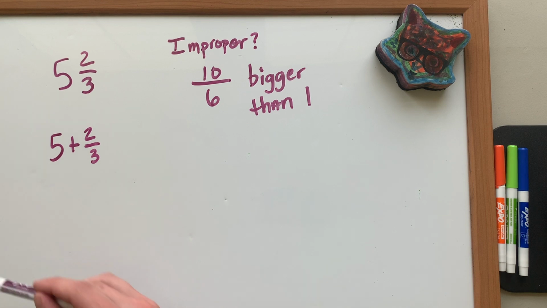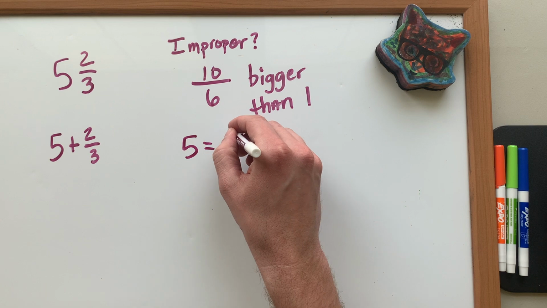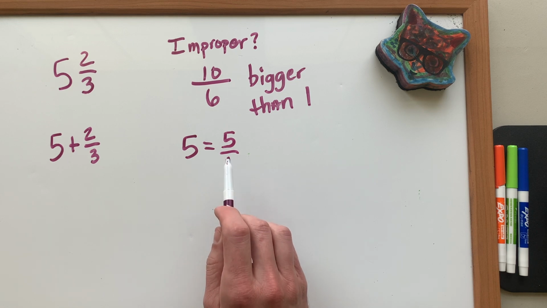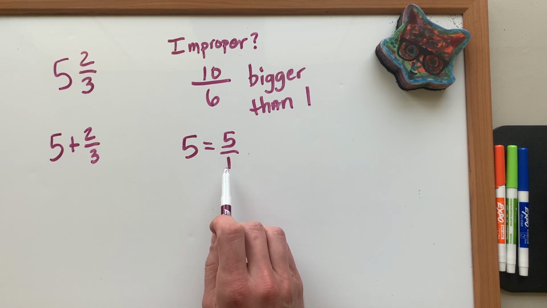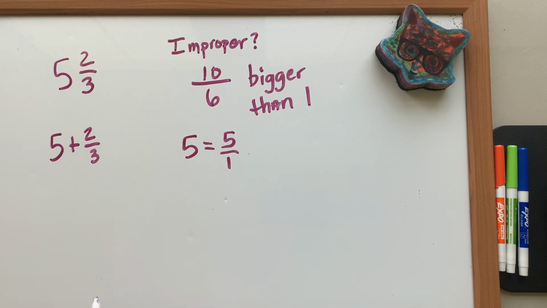And let's also talk about the fact that a whole number can be rewritten as a fraction. Okay? If we take the number 5, we can say 5/1. Okay? But if we do that, we can also take 5 and we can rewrite it as a fraction that has the same denominator as the fraction portion.